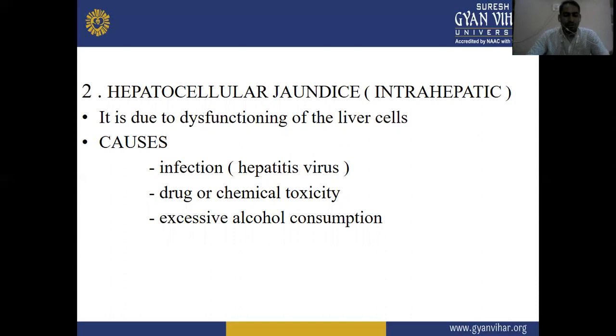It is usually caused by liver failure, liver disease such as cirrhosis and hepatitis, inflammation of the liver, or by taking certain types of medicines. These are the causes of hepatocellular jaundice.